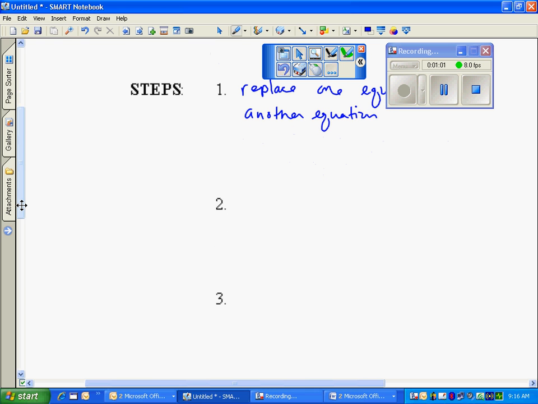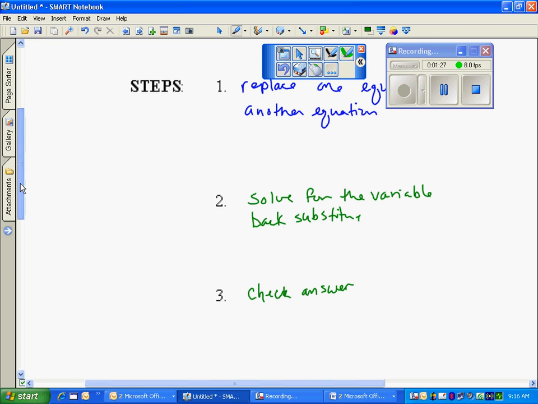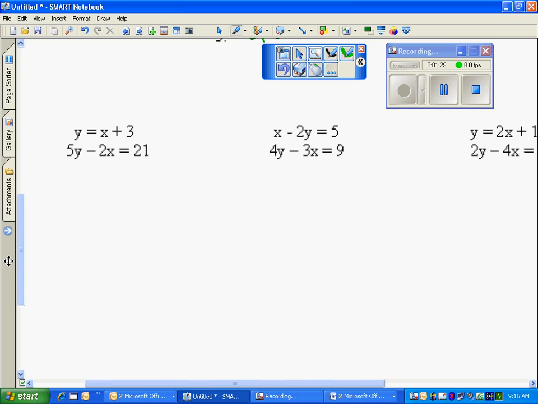The second step, once you've done this, is to solve for the variable, and then back substitute to find the second variable. And lastly, once you have your ordered pair, be sure to check your answer. So let's go ahead and show how this method works on a few problems.